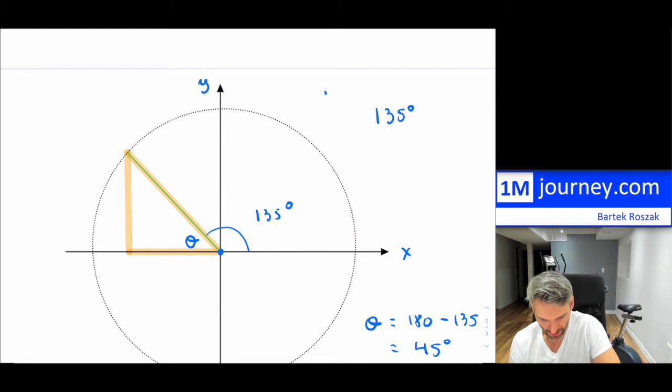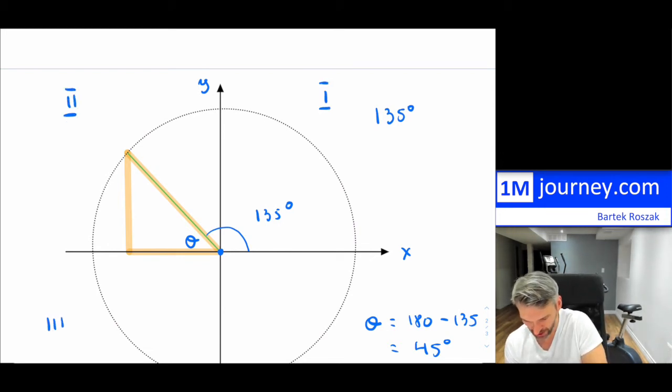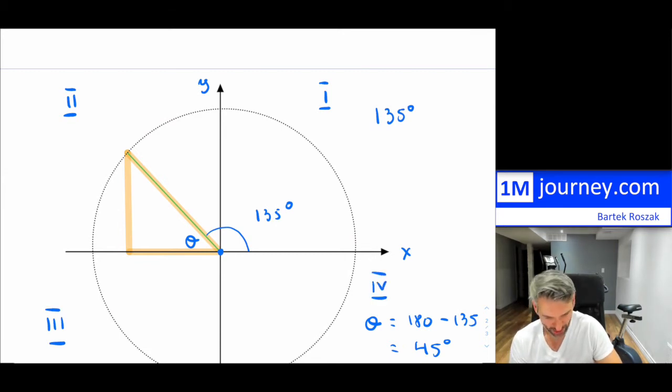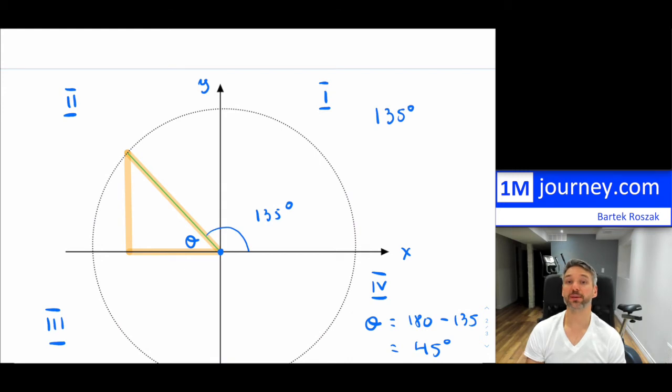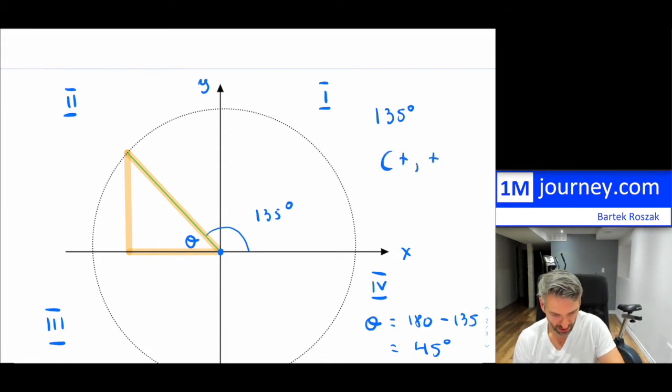So, here is my first quadrant, here is my second quadrant, here is my third quadrant, and this would have been my fourth quadrant. Now, I do know something about these quadrants. In particular, I know what the signs of my x and my y values are, right? So I know that in this quadrant, everything is positive. And notice that's exactly what we had for all our ratios, for degrees which are less than 90.